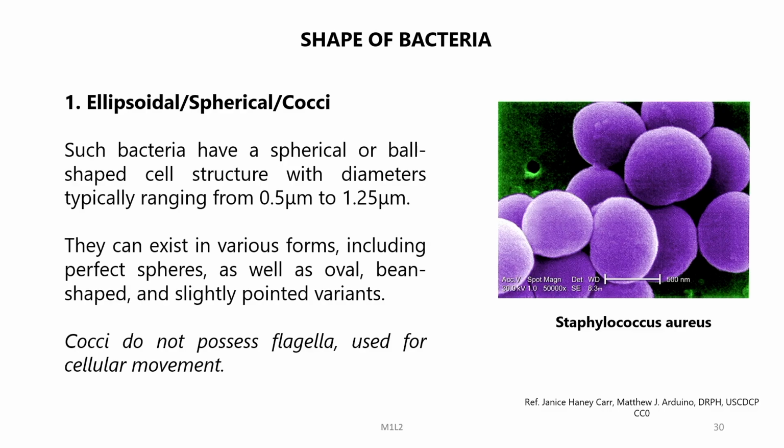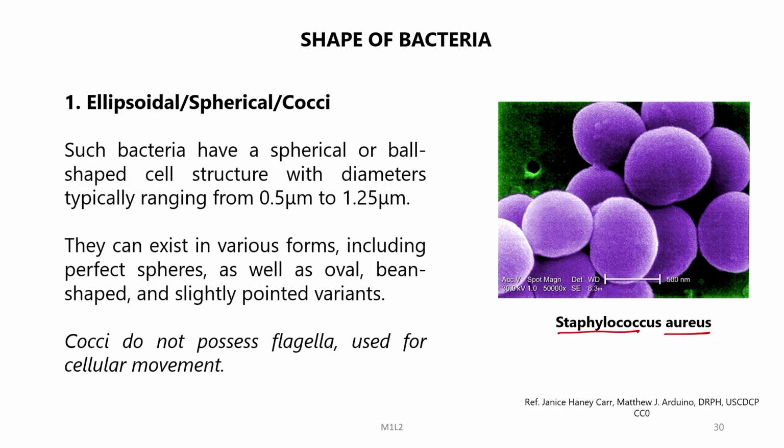Ellipsoidal, spherical or cocci. So you can see from this figure that they are spherical or globular, and you can very well compare their sizes with this scale which stands for around 500 nanometers, and this is one species, Staphylococcus aureus. This would have been in italics or it should have been underlined as per the binomial nomenclature.